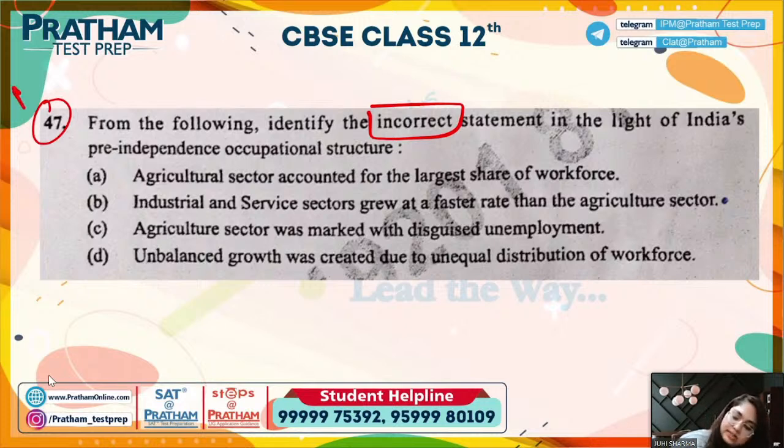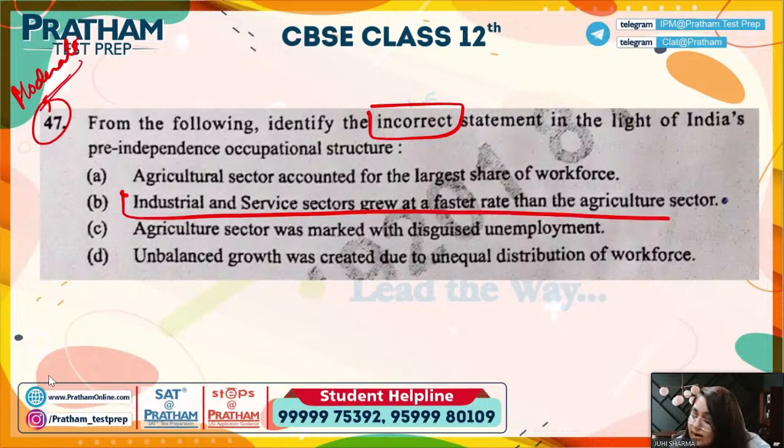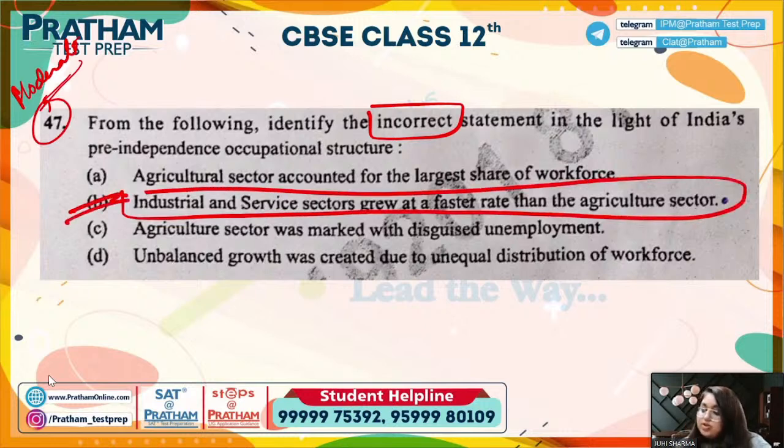I would say moderate question है आपका, and incorrect statement is statement number B, which is that industrial and service sector, they grew at a faster rate than the agricultural sector at the time of pre-independence. ये आपका गलत है, because agricultural sector जो था वो काफी ज्यादा faster rate से grew कर रहा था than industrial and service, अगर हम देखें तो, because majority of the population was engaged in the agricultural sector.